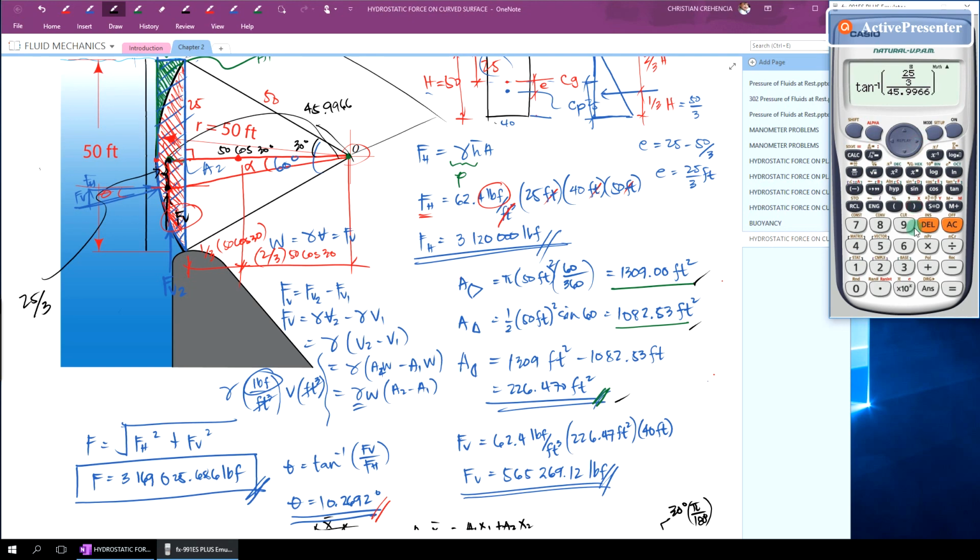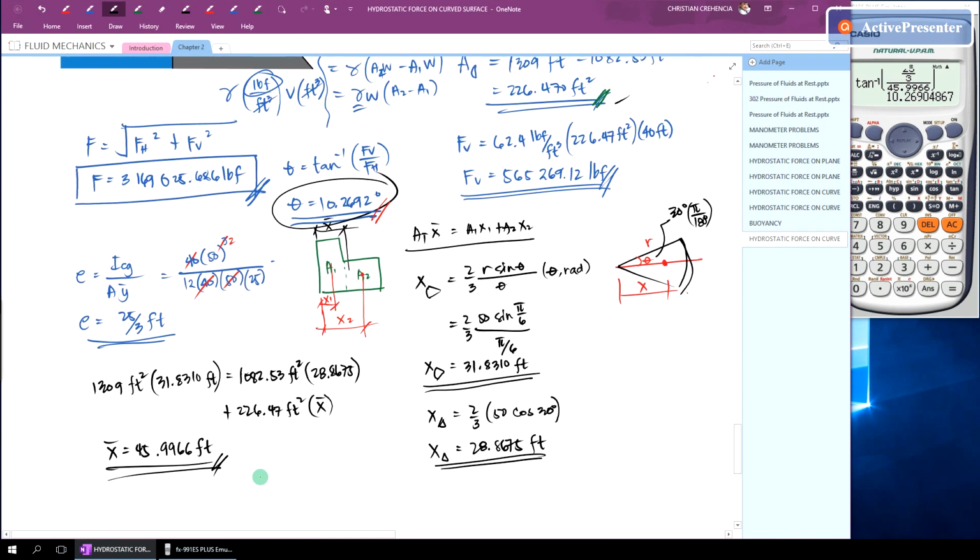The angle we got earlier was 10.2692. Now we get 10.2690. Both are in feet, so they cancel. We have a slight discrepancy, but that's okay, it's acceptable.